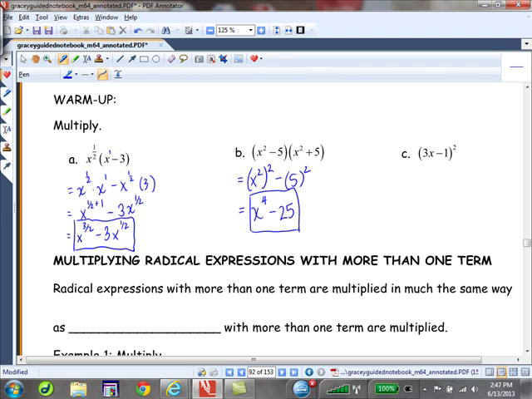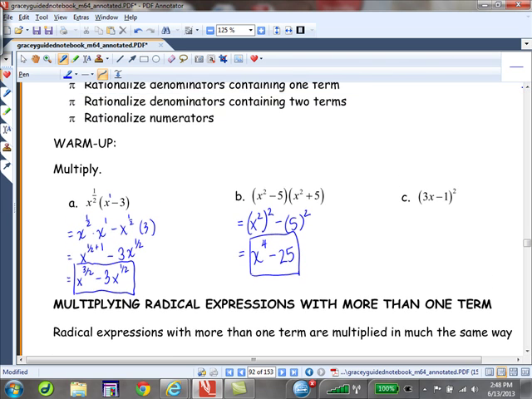Now, I want you guys to start getting used to the formula for squaring a binomial. And what I mean is there's two formulas.